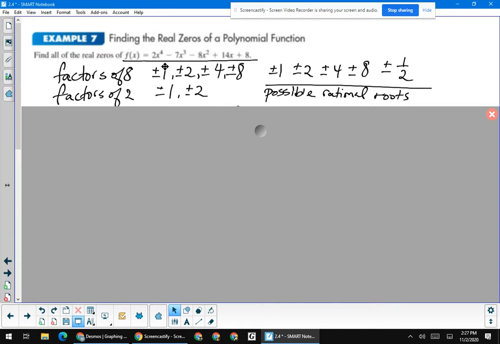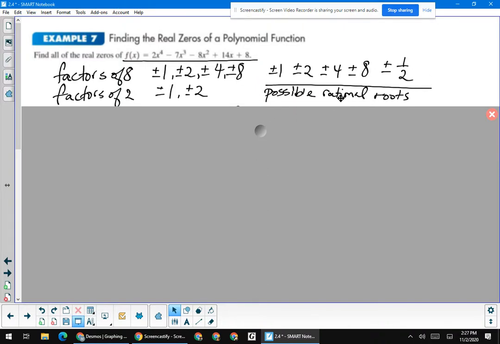Now, with that said, you can have 1 over 1, 2 over 1, 4 over 1, 8 over 1, and 1 over 2, 2 over 2, 4 over 2, and so forth. These are the unique ones that we have. Okay, these are the possible rational roots.